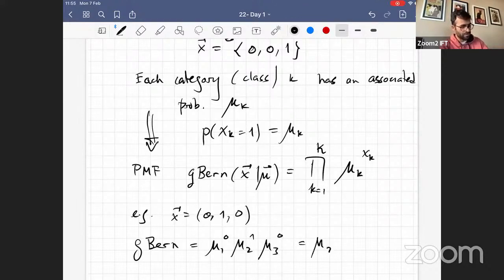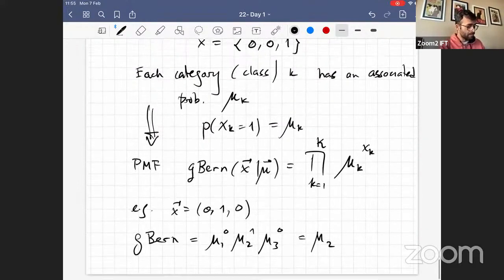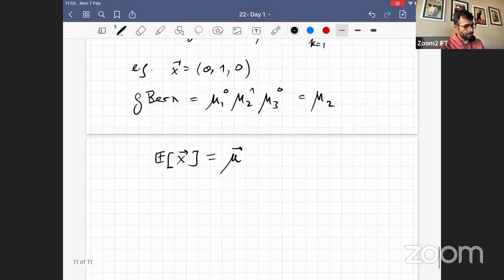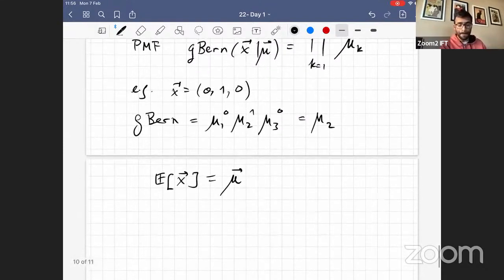So this is just mu2, which is what you need to reproduce. So the expectation value of a categorical variable is, of course, mu.